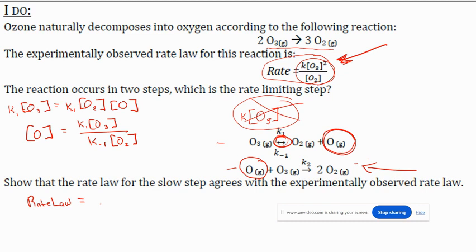How did I get that to substitute out? Rate law is going to equal K. And then we're going to have our O3 here and our O3 here.